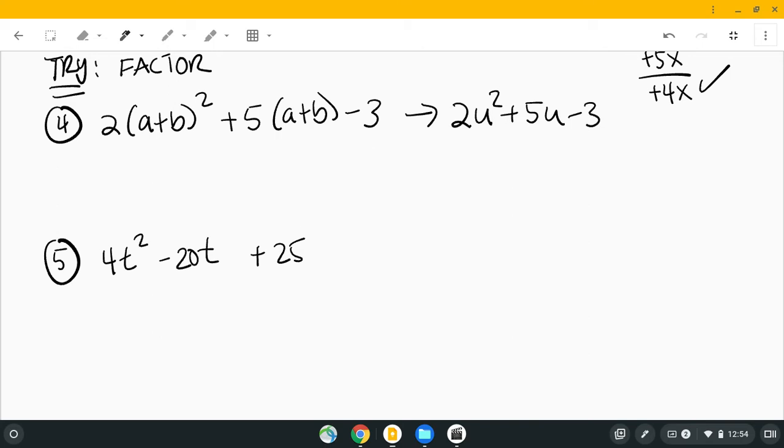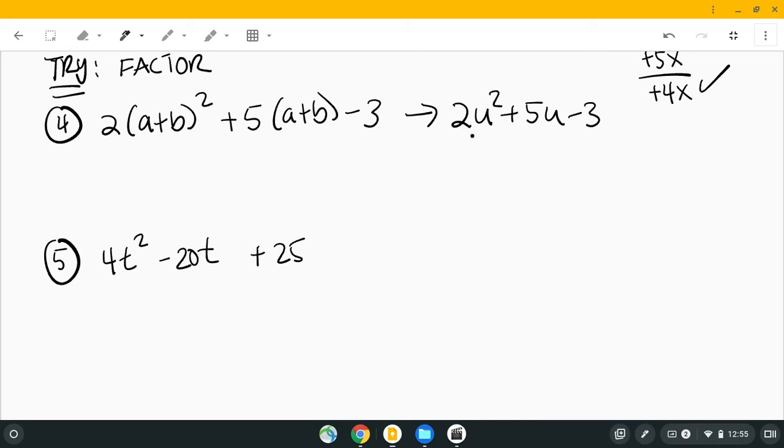Having it look like this might be a little easier for you to wrap your mind around how to factor this, because now this looks like your regular trinomial, where this looks a little more complex, but it's not. That's just an illusion, a visual illusion.